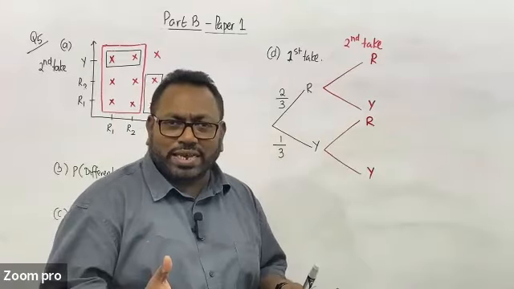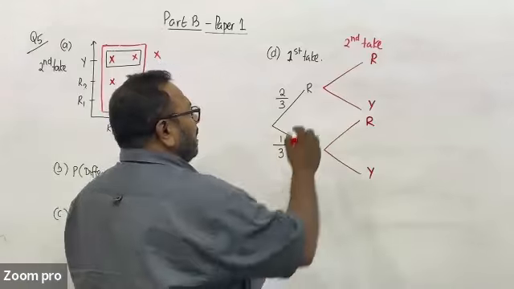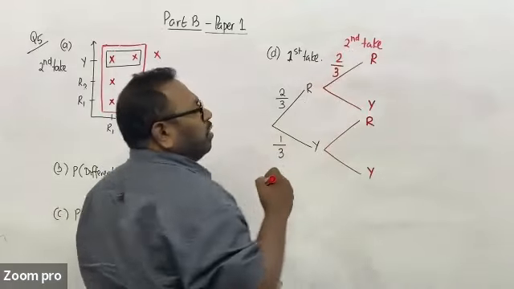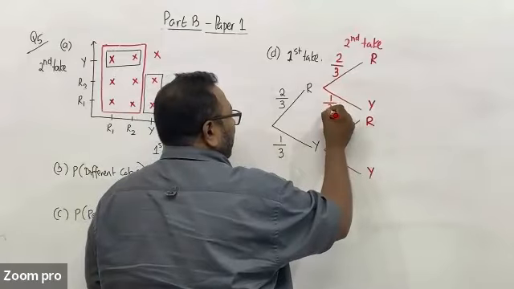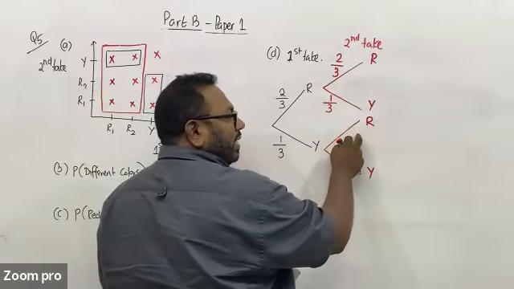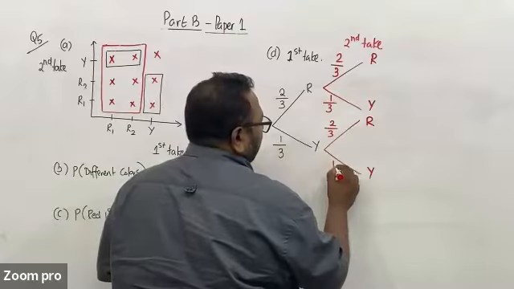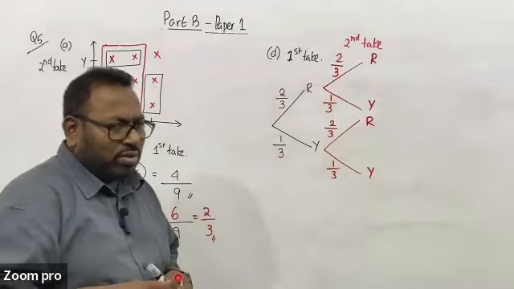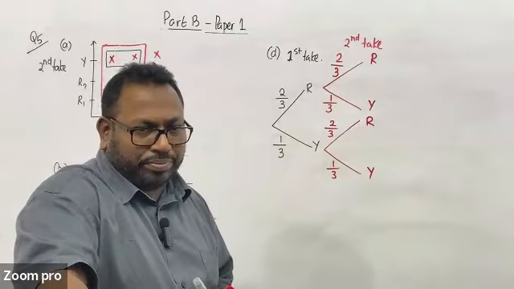What is your probability here? Out of 3, you're going to get 2 red, yellow 1 out of 3. If you're going to get red, 2 out of 3, yellow, 1 out of 3. So this is your diagram. This is what you need to draw and show them.